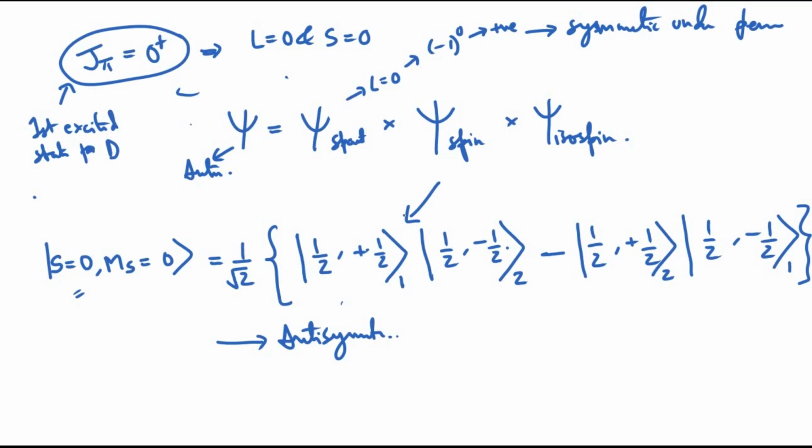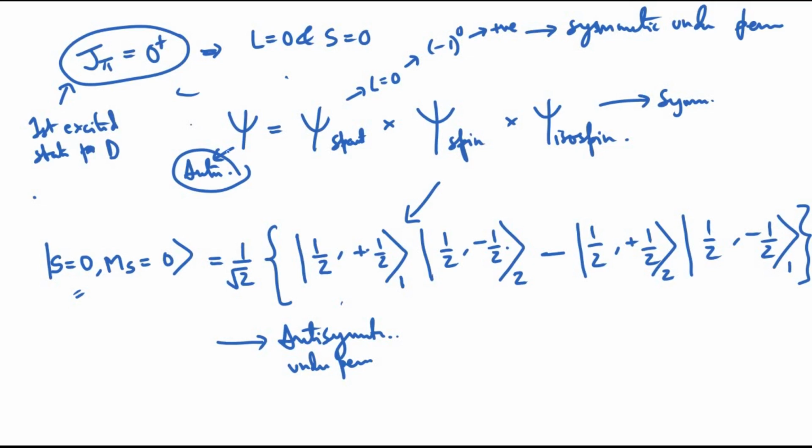Again, the spin wave function, we have found antisymmetric under permutation. Now the total wave function must be antisymmetric, and this one is antisymmetric, this one is symmetric. So what about the isospin? It has to be symmetric, otherwise the whole wave function cannot be antisymmetric, right?